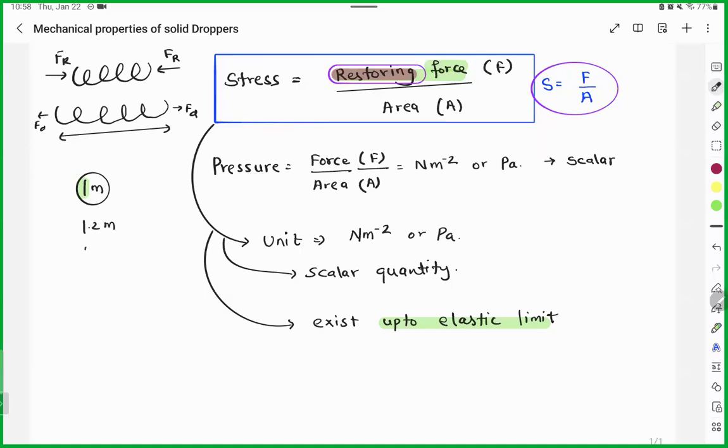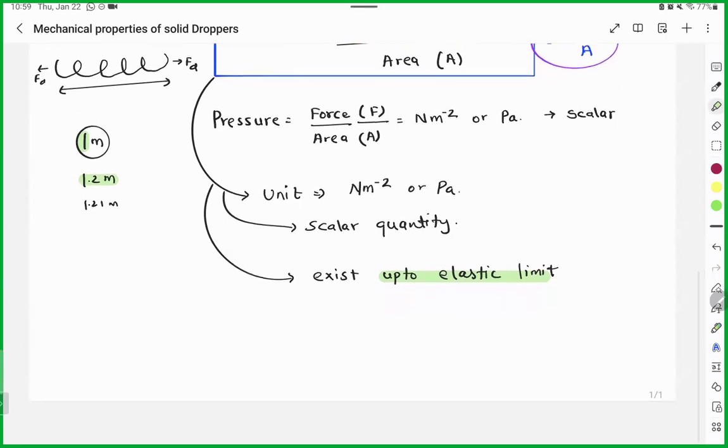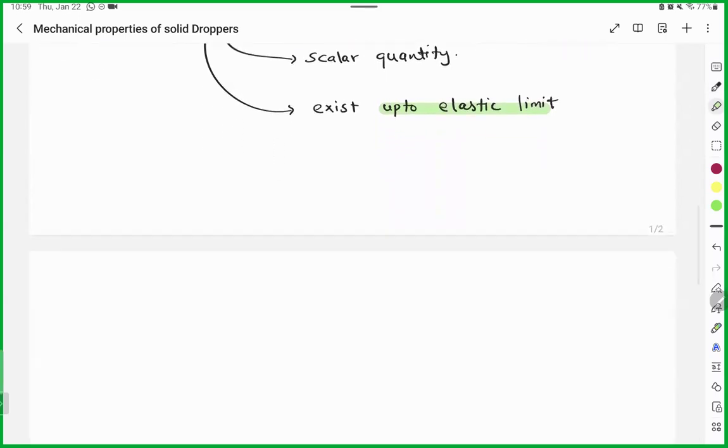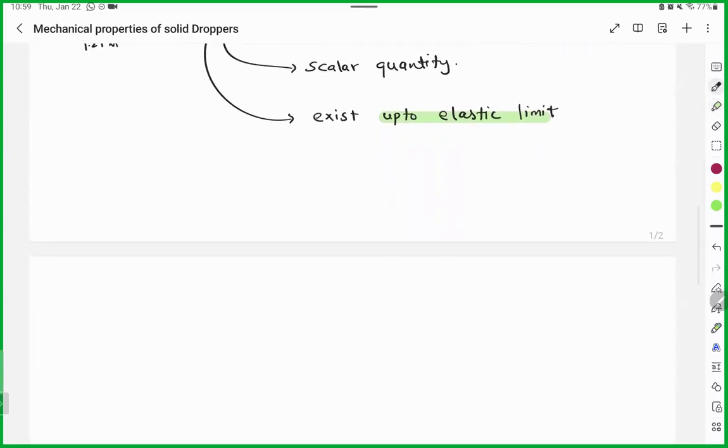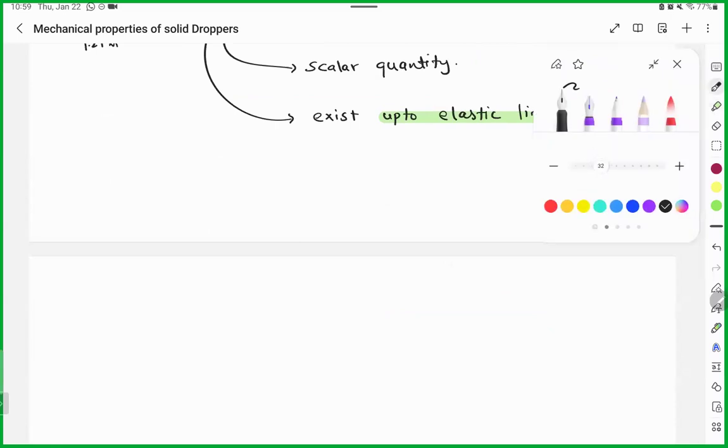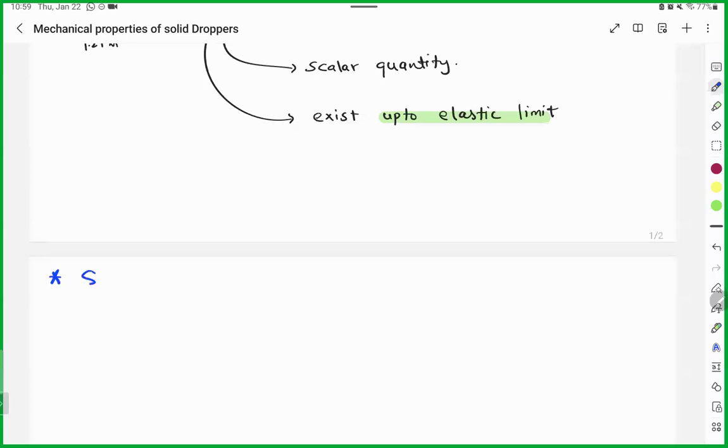The moment you do 1.21 meter, then it will not come back to the original position. So this 1.2 meter will be the elastic limit. Understood, guys? Any doubt? No, sir.